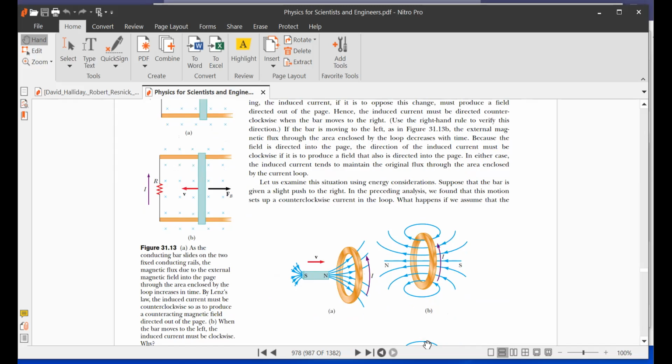So you see that the induced magnetic field becomes a North Pole because it opposes the magnetic field of the rod.